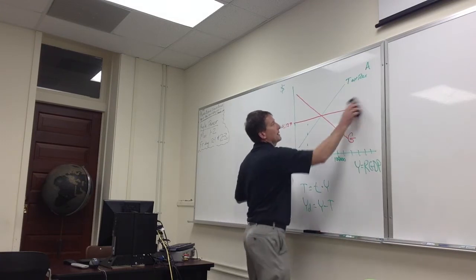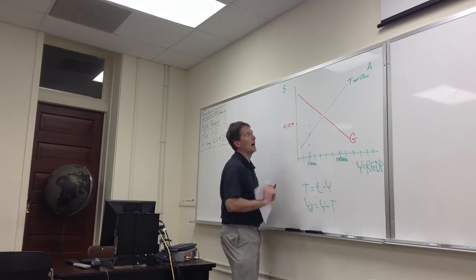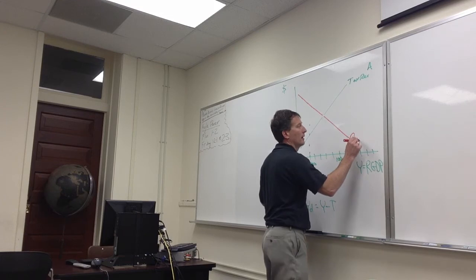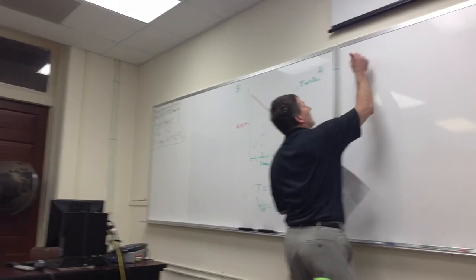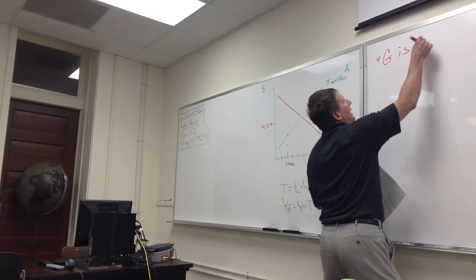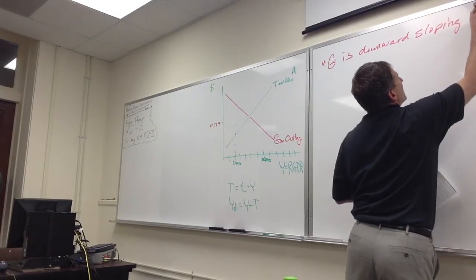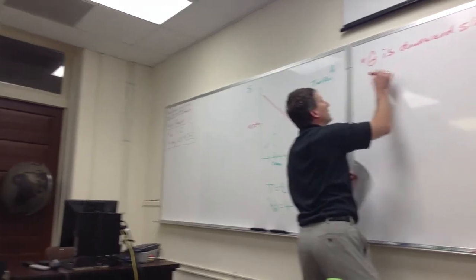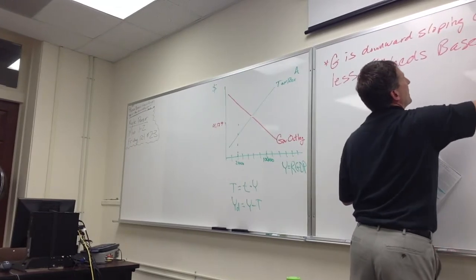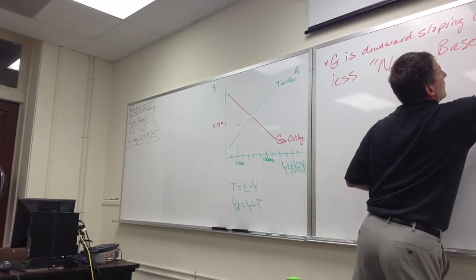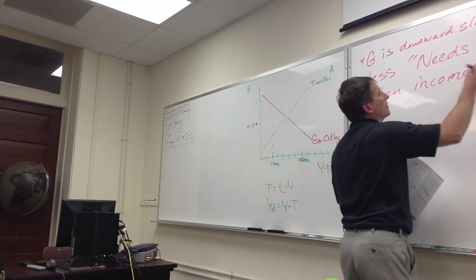So with that type of spending, which we call needs-based spending, we'd have a government outlay function that would look like this. And so G is downward sloping due to less needs-based spending when income grows.